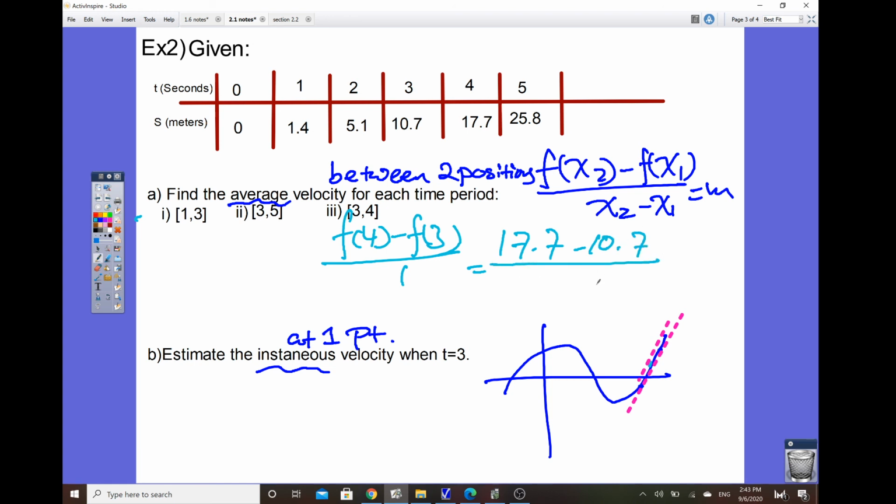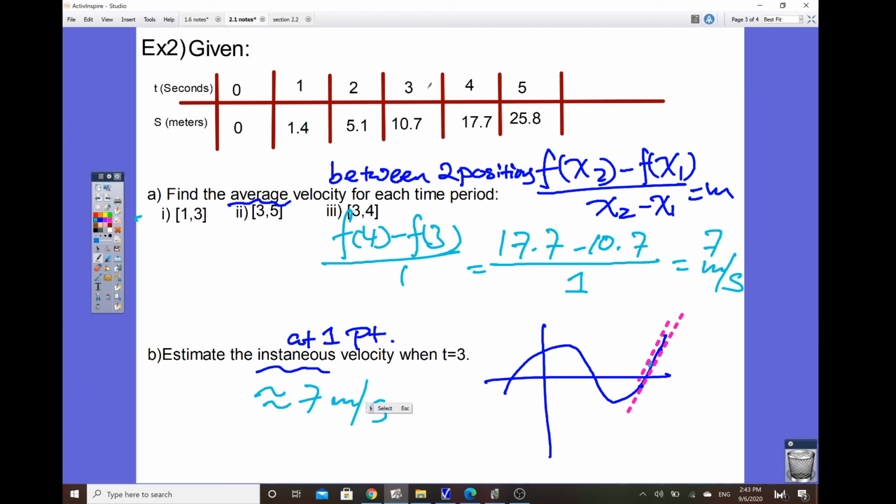Subtract, so we do have 7 over 1, which means 7 meters per second. And then estimate the instantaneous velocity when t equals 3. So that's about 7 meters per second.